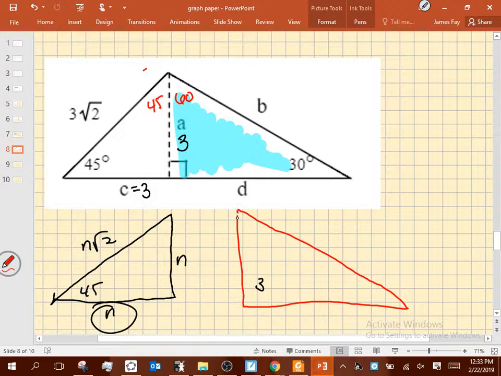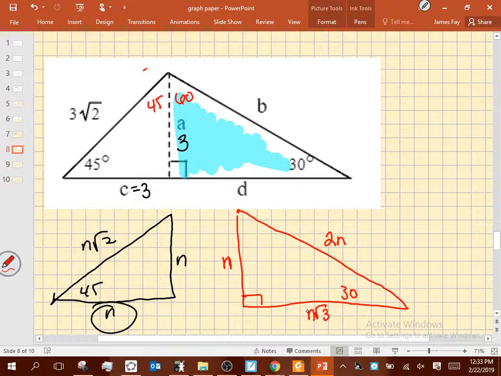for my 30, 60, 90, so that's the blue triangle on the right. Across from 30 is always what? The smallest side, so it's got to be n. Across from 90 is always 2n, and across from 60 is always n radical 3.